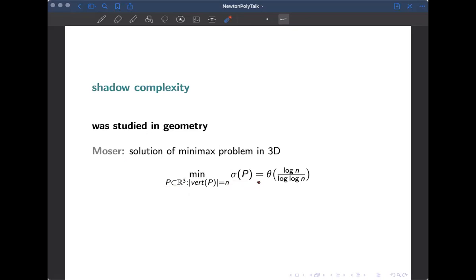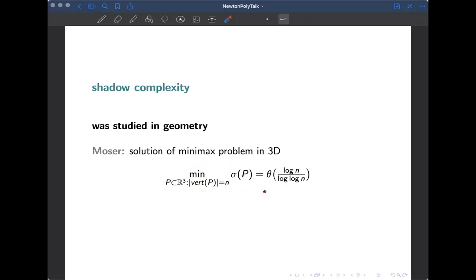And he showed that the minimum shadow complexity is of this order of magnitude, log n over log log n. And I want to mention that this is a minimax problem. So this is the minimum over polytopes and the maximum over linear maps, and then some number that depends on the polytope and the linear map. So Moser solved this minimax problem in three-dimensional space.